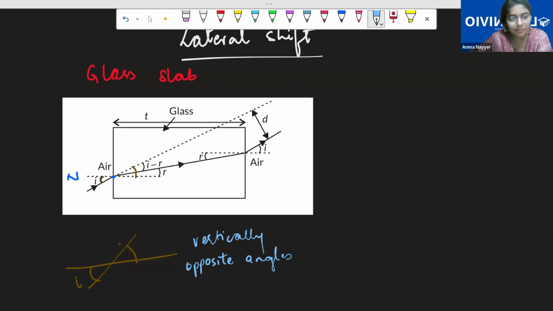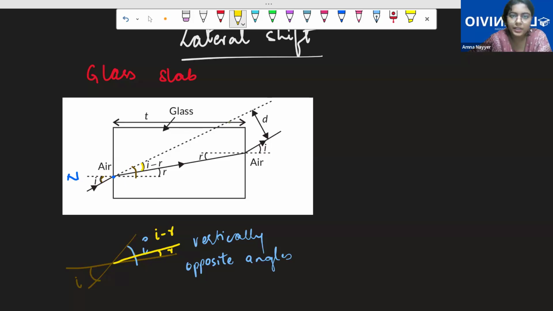It means this complete angle is equal to angle I also, right? Now from here, a part has been taken by R. So how much will be left? I minus R. This is I, this is I minus R.